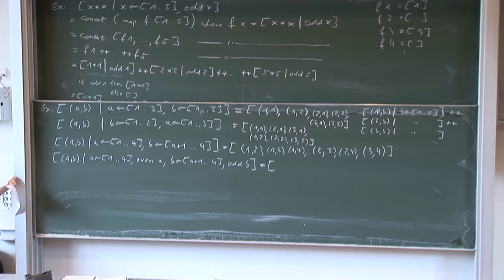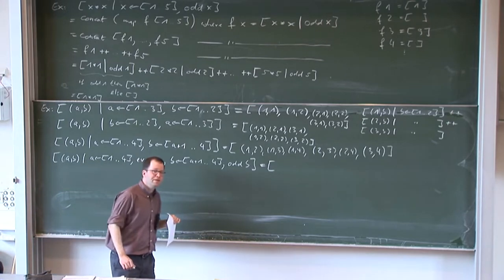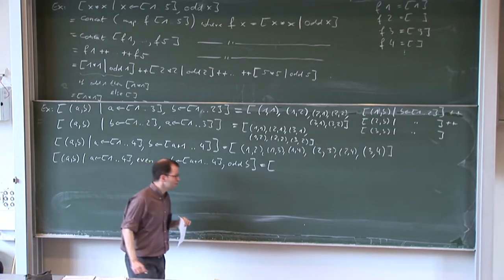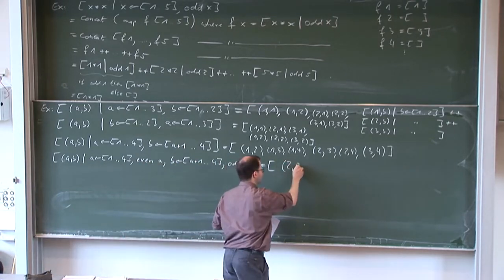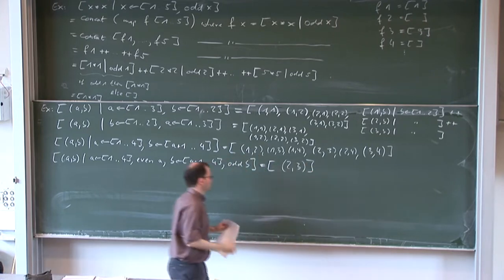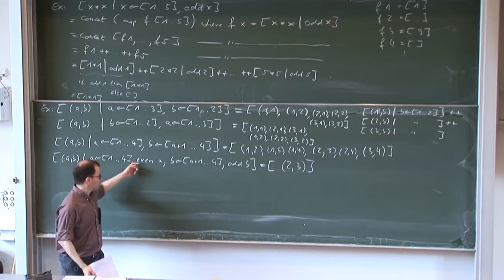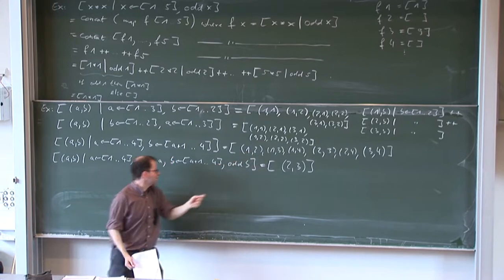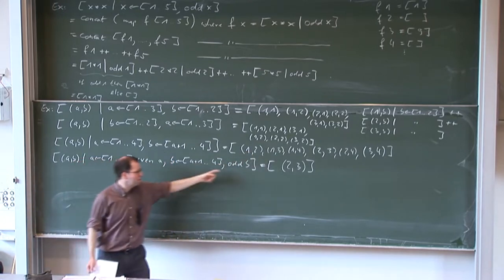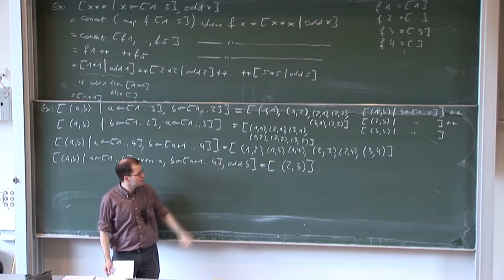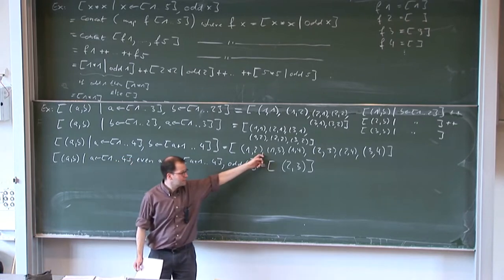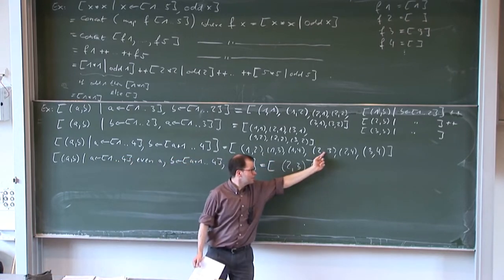Sorry, 2, 3? 2, 3. Only 2, 3, exactly. This is the only element of this list. So, I mean, in principle you might have all of these elements, but you restrict A to be even and B to be odd, and you can easily see that the only pair where A is even and B is odd is this.